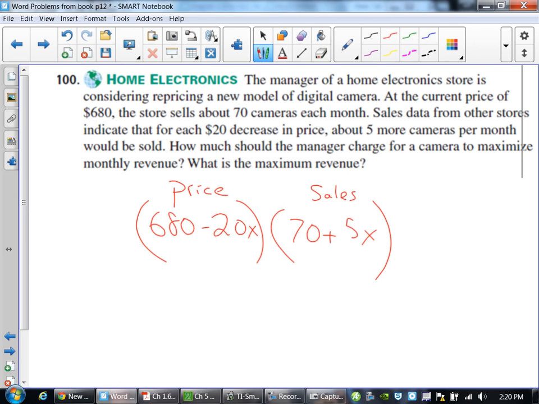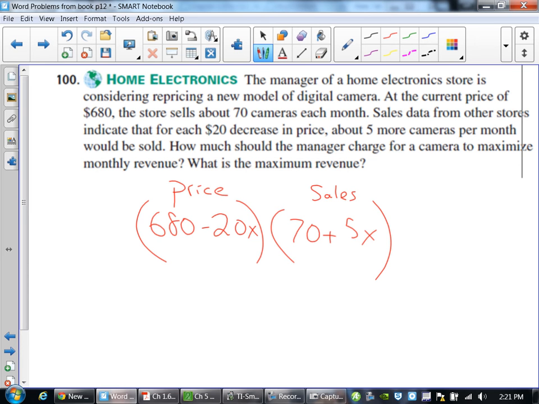Now, I will say one thing about this cost side. This is written right off the bat in intercept form. When you have intercept form, you can find your zeros really fast. Set them equal to 0 and solve. Could I use my calculator to calculate zeros and all that stuff?